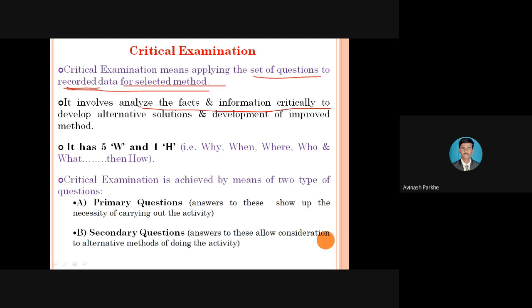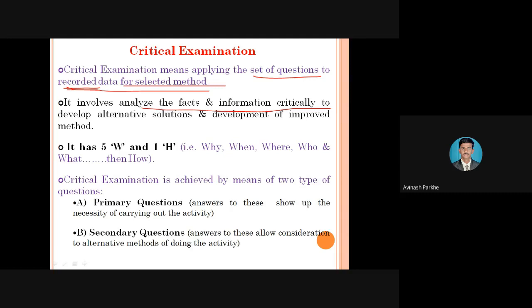While applying the questions, we have to analyze what exactly is happening in that method, why we have to go for the modification, and which types of information we will get from that method.